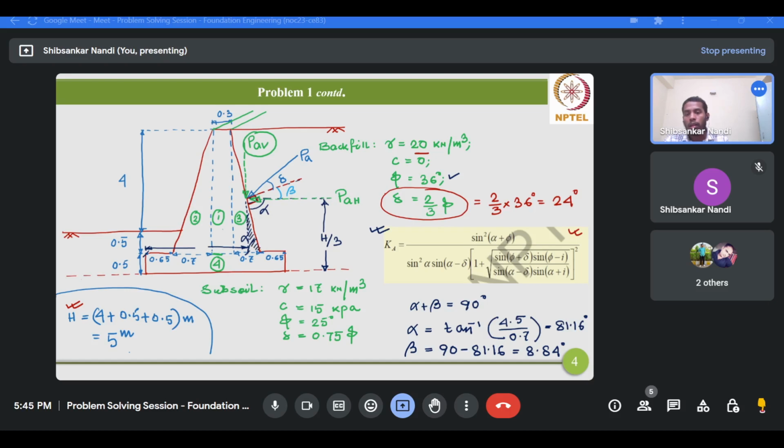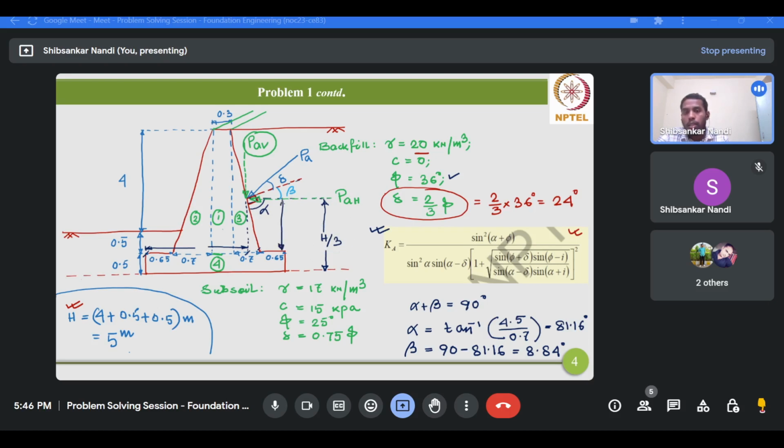So how to determine this base value from this triangle? For that we first have to know the h by 3, because at a height of h by 3 this force is acting. So first we will calculate h by 3. From this h by 3 we will subtract the width of the base, so we get this side.